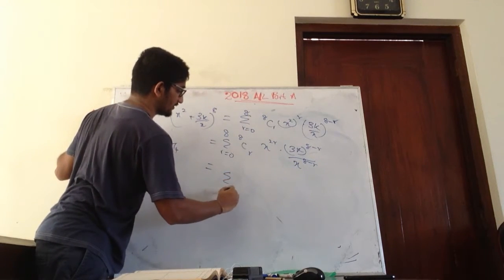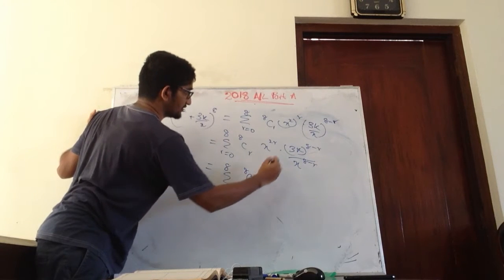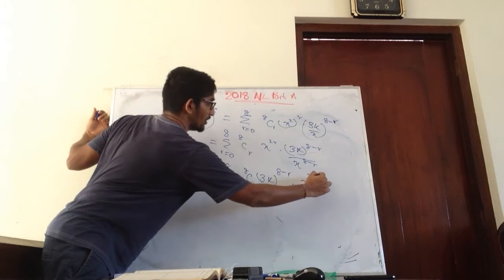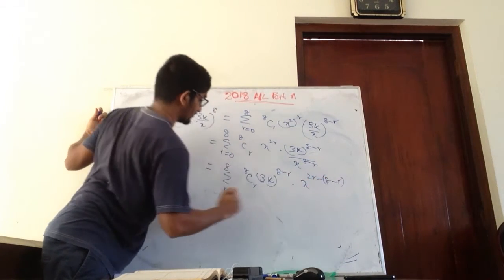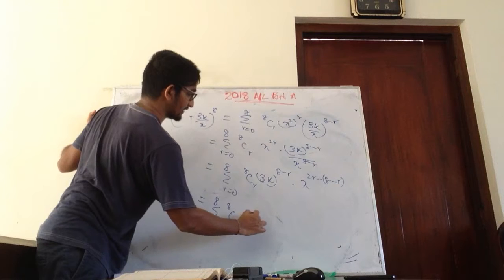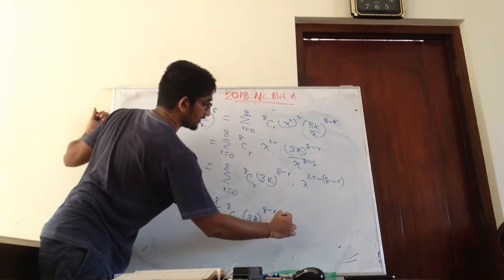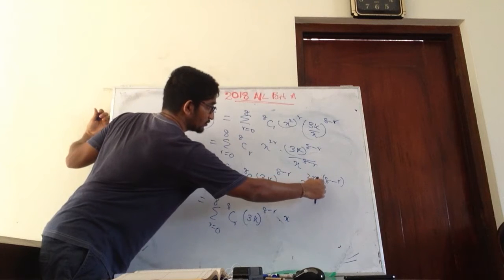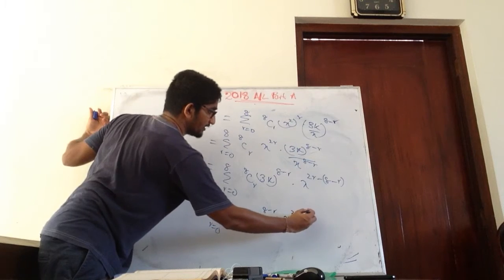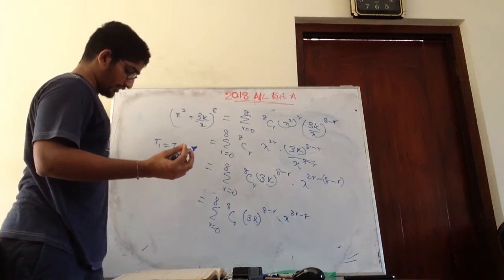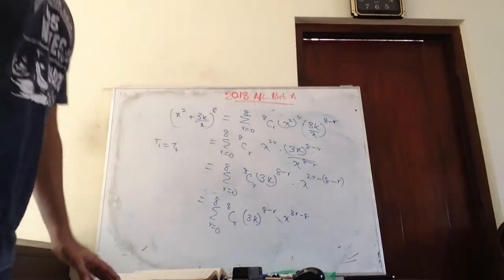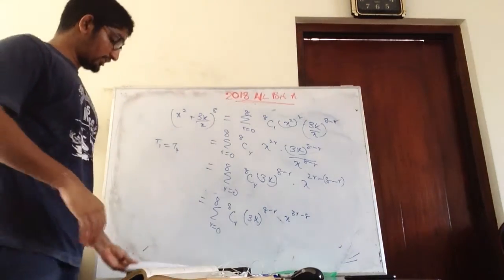So this 2r minus (8 minus r) is going to be plus r, so this is going to be 3r minus 8. Correct, no? So this is the term. Right, so this is also done.